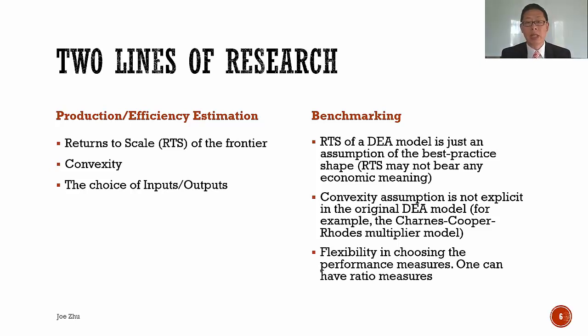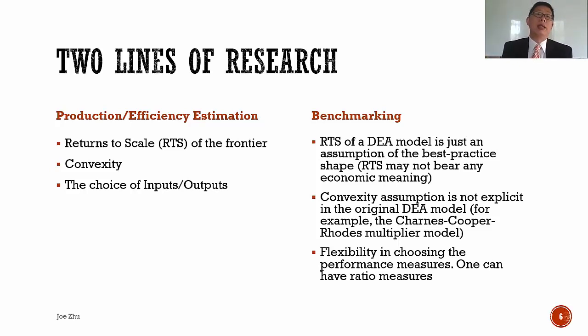It's just the shape of the best practice frontier. When you have a set of bank branches or DMUs, you have observations. If we imagine you can plot these observations, you use a best practice frontier to envelop all the observations. That's why it's called data envelopment analysis.